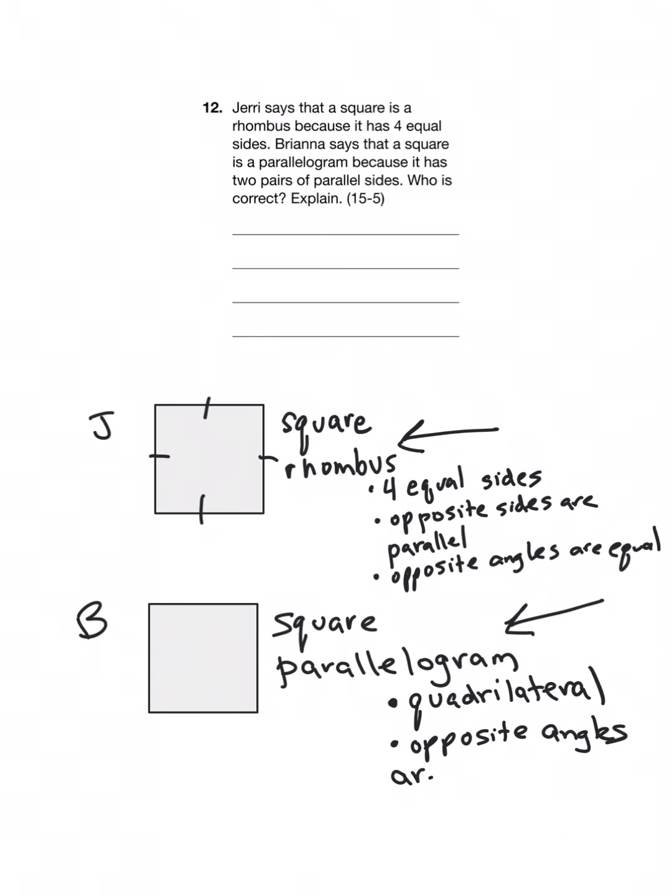So that means that this angle has to be equal to this one, which it is. Those are opposite angles. And this angle has to be equal to this one, which they are because they're all 90-degree angles. So I'm wondering if it's possible to say that both are correct and then explain why. I'm going to leave that up to you.